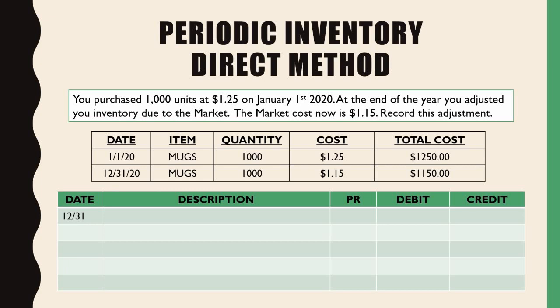So again, when we do our conversion entry, this is what you have to attach to that conversion entry. You need to attach inventory, and you're going to have the cost of goods sold. Now, in this case, my cost of goods sold is being credited, not debited.